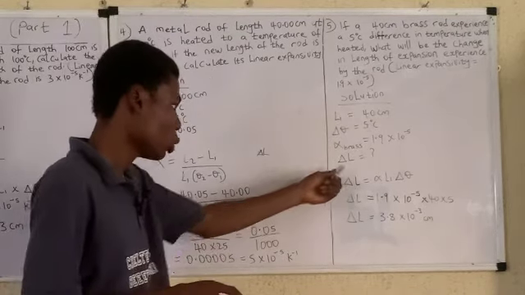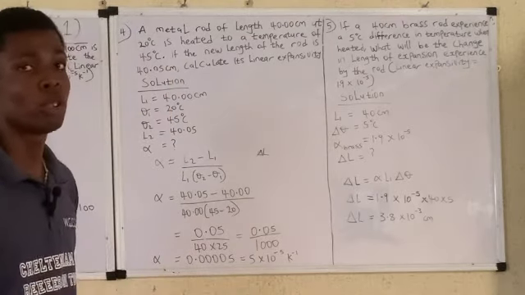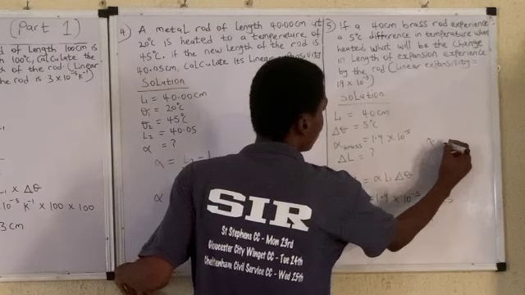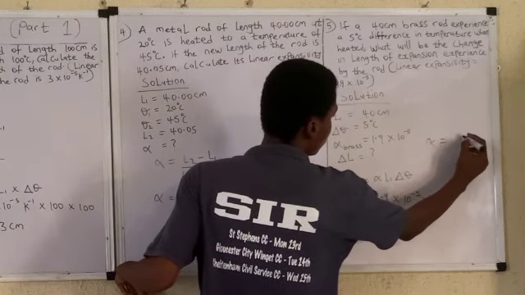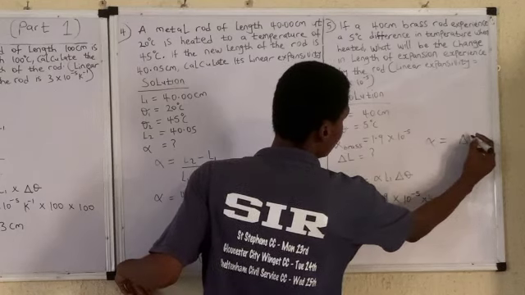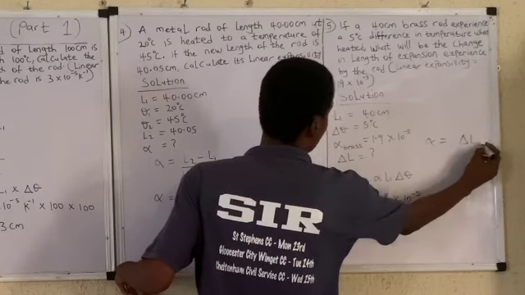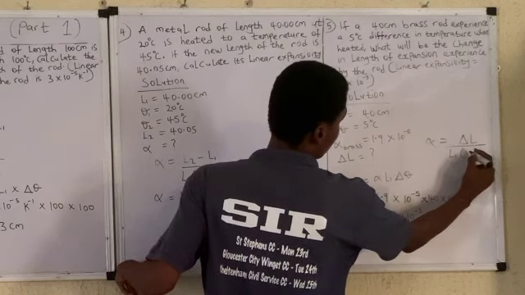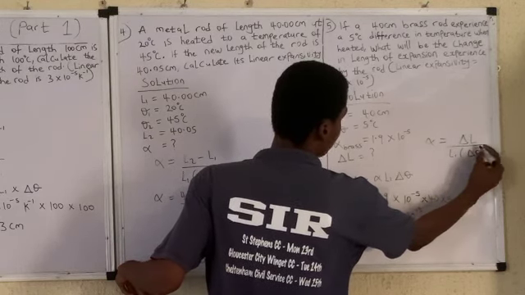So to find the change in length, we use from our formula alpha equal to change in length over L1 in brackets angle theta.